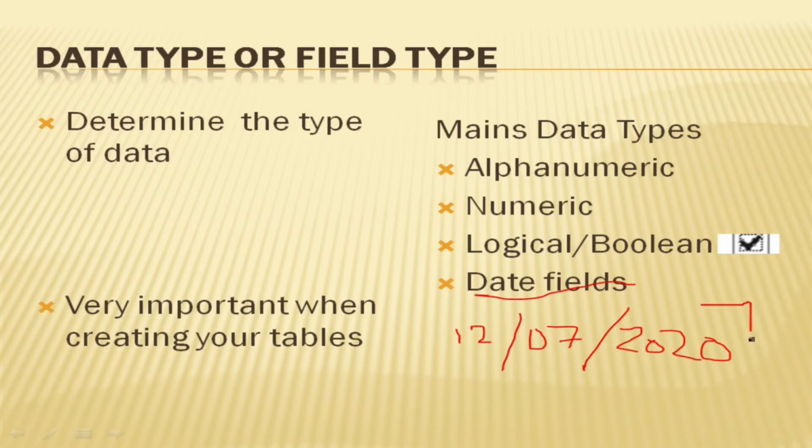This can be typed in different formats based on what you choose when you're creating your table. Just remember that. When to use it? You would use a date field for any field which would store date information. Alright, let's move on.